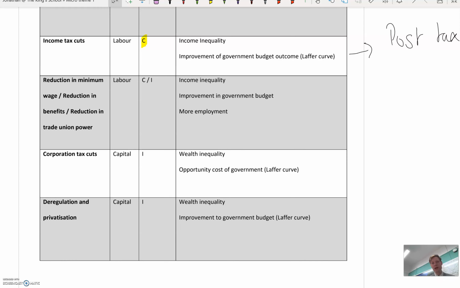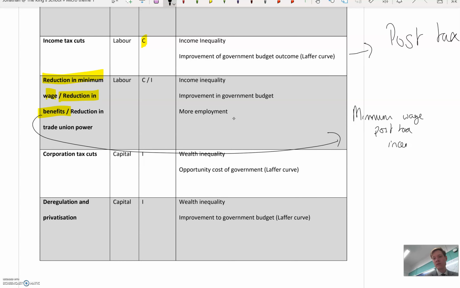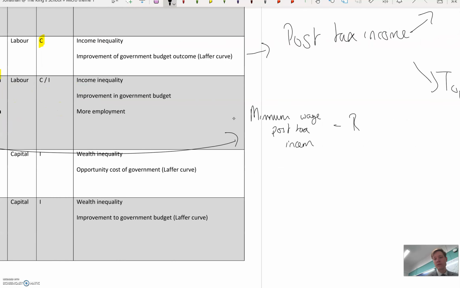One thing that we did mention when reducing tax on the lower income workers by increasing the personal allowance was that idea of switching from benefits to the minimum wage. Now, if you reduce benefits, this is another way of reducing the gap between your minimum wage post-tax income, so what you get after your tax, minus the benefits.